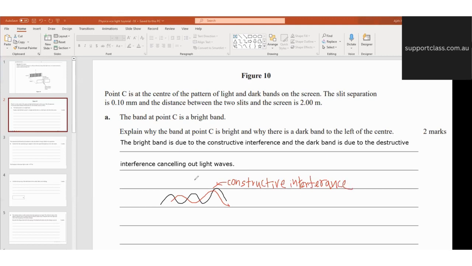So destructive interference, we can get this point. Agree? Yeah.